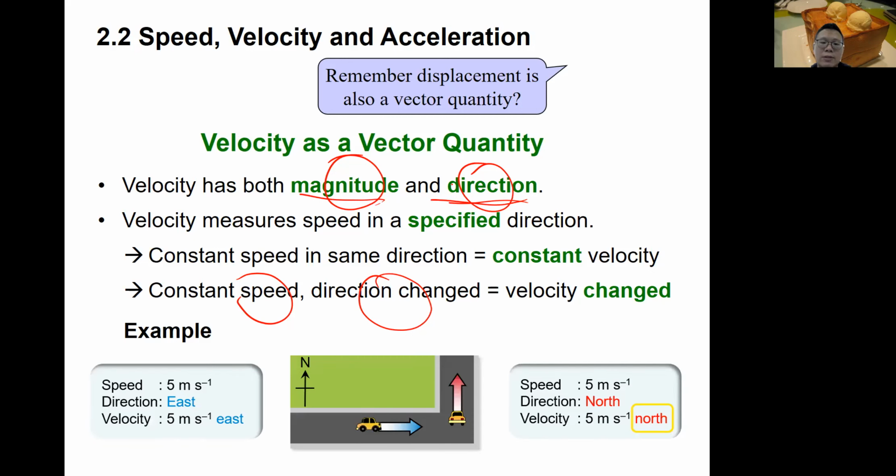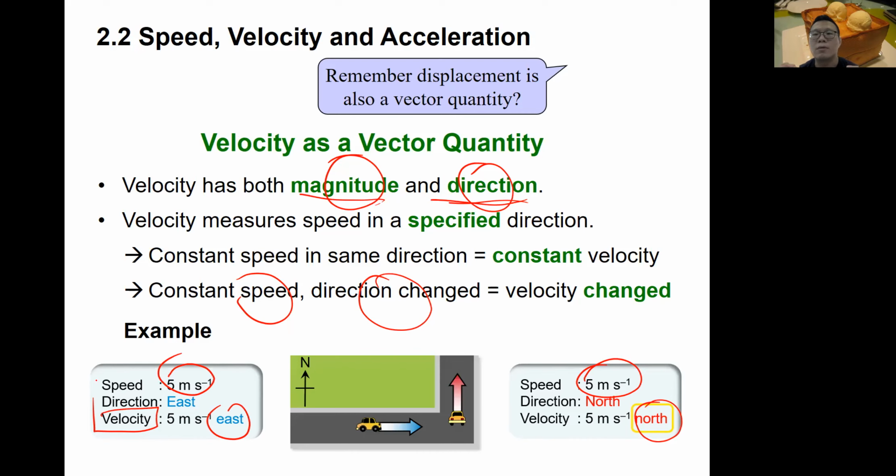For example, if my magnitude is 5 meters per second, but I change my direction, from 5 meters per second east to 5 meters per second north, together this information is what we call velocity.